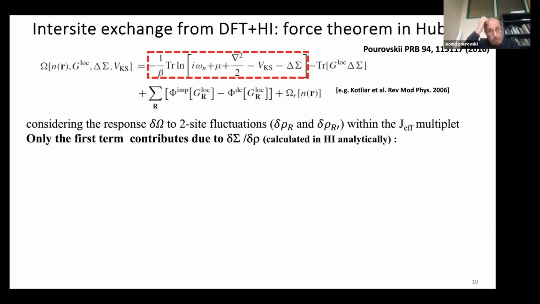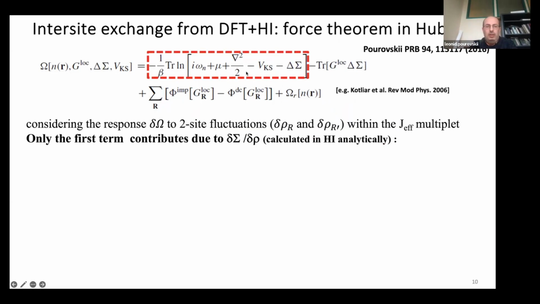To describe this in more detail, here there are some formulas. We start with the expression for the grand thermodynamical potential within DFT plus DMFT, and consider small fluctuations on two magnetic sites, which break the initial symmetry of the paramagnetic state.